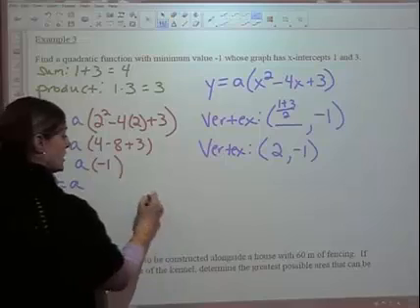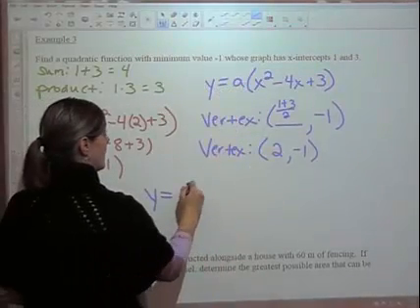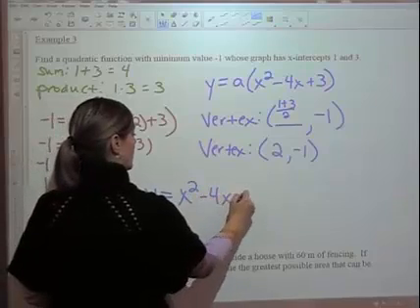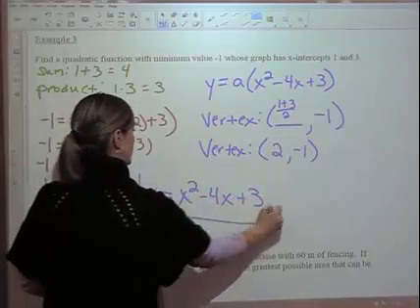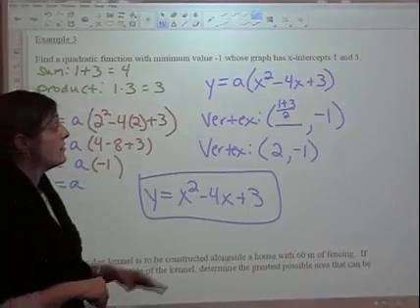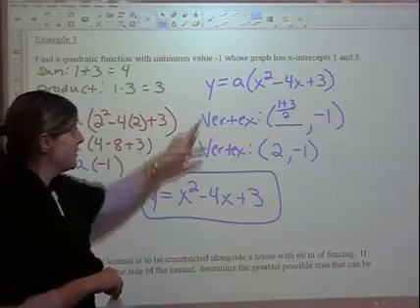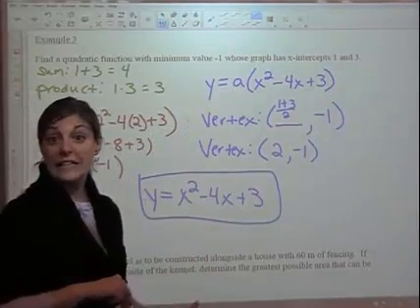So our equation is y equals, and the a is 1, so you don't really have to write that. And there's the equation of our graph. Now, if our vertex had been something other than negative 1, that a value would be something different.